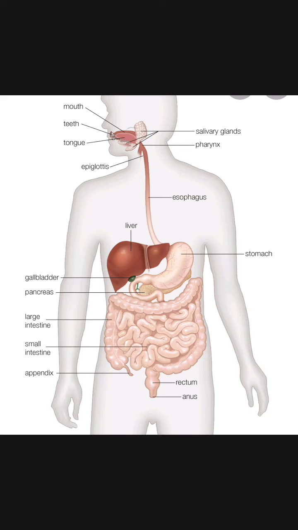See, this is the digestive system of our body. The digestion process starts from the mouth. Here saliva is mixed with the food and the food is known as bolus. It moves through the esophagus or food pipe.